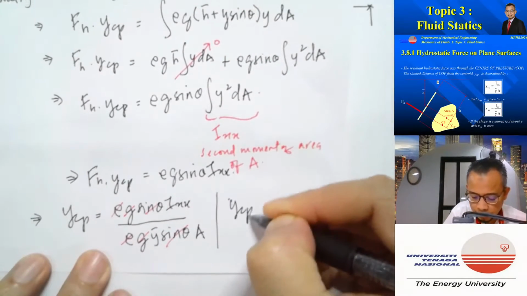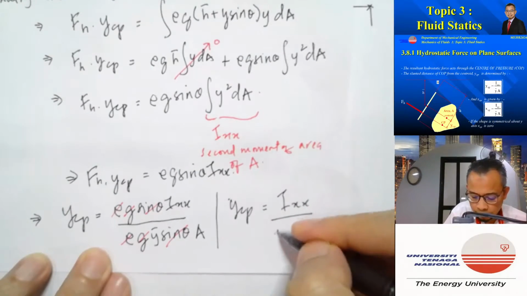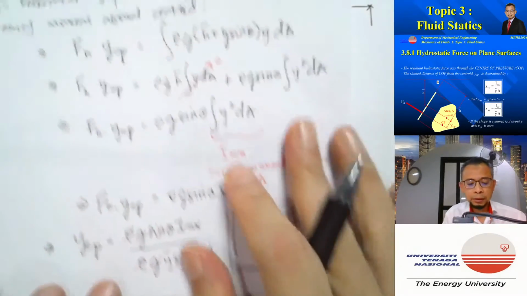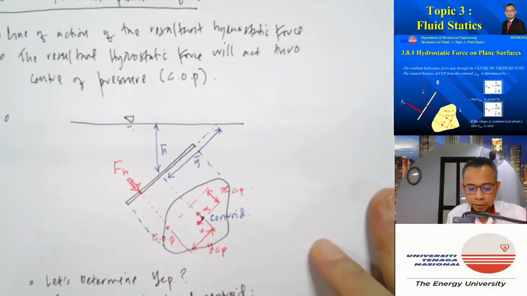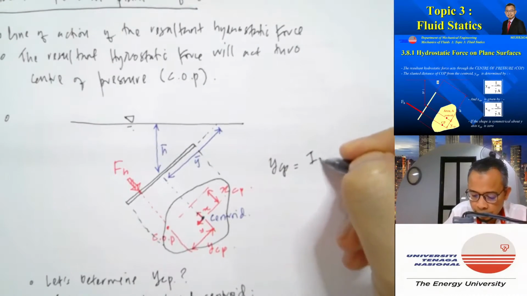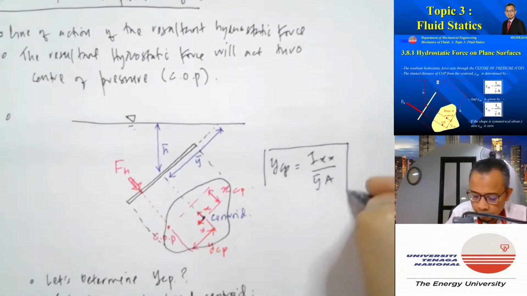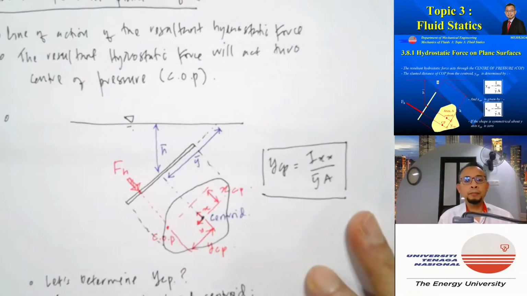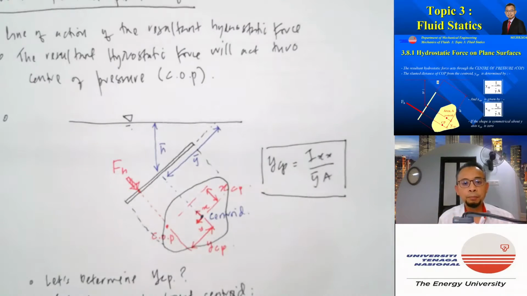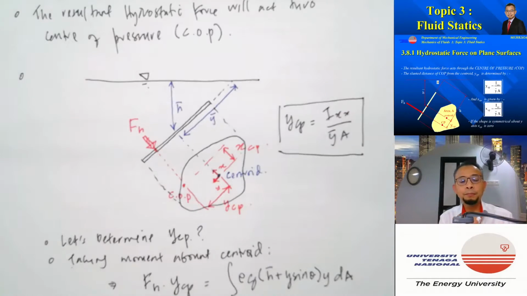So YCP is equal to Ixx over y bar A. Okay, so we get the expression for YCP is equal to Ixx over y bar A. Ixx is a function of the shape of the surface. So we have obtained YCP.